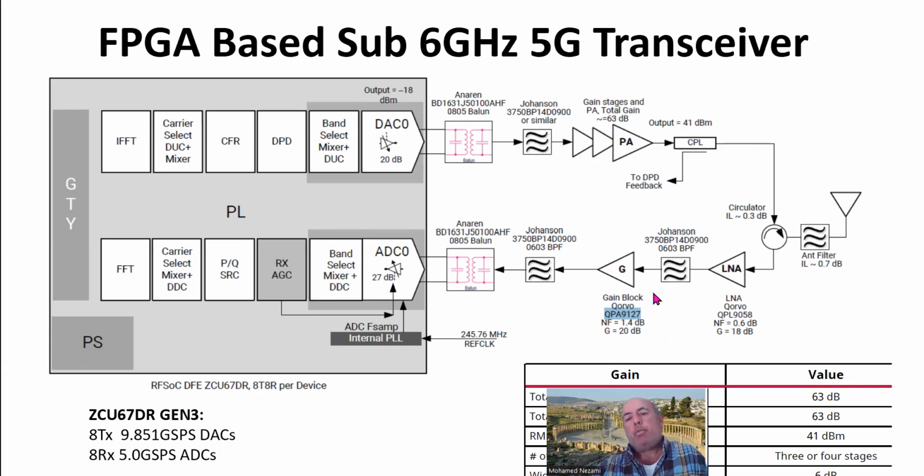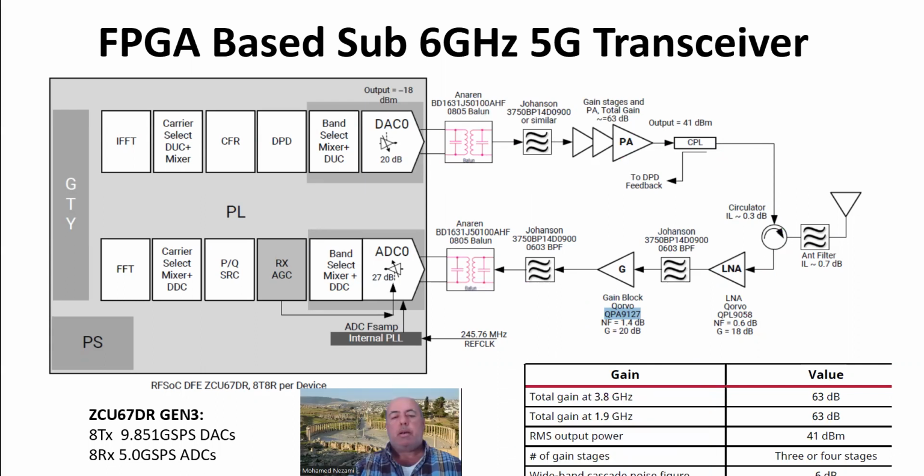And on the receive path, we usually have about 40 to 50 dB of gain. Now typically the noise figure of these systems is a bit higher than you would usually think of in terms of SATCOM communications, where you usually operate with sub 1 dB numbers or a little below 2 dB on noise figure.